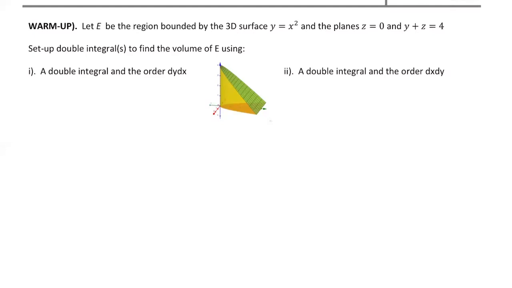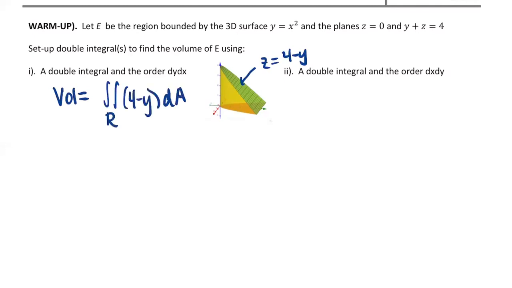Okay, so recall to find the volume, if this is the top of my region, this is given by z equals 4 minus y, then the volume is going to be the double integral over my region of that height, so of 4 minus y dA. And now the question is, how do we set this up with different bounds?